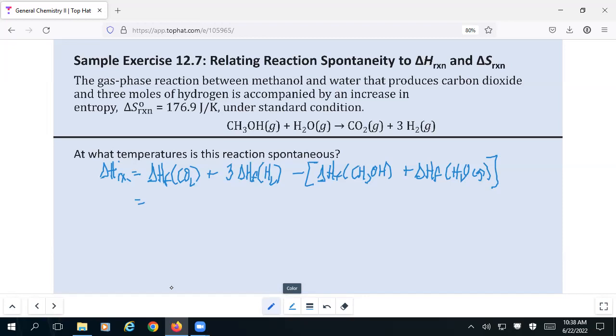So for carbon dioxide, it is negative 393.5. For hydrogen, hydrogen is an element in its standard state, so this is 0.